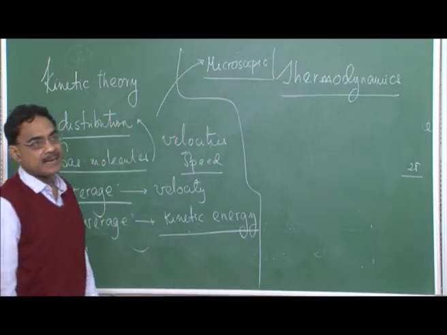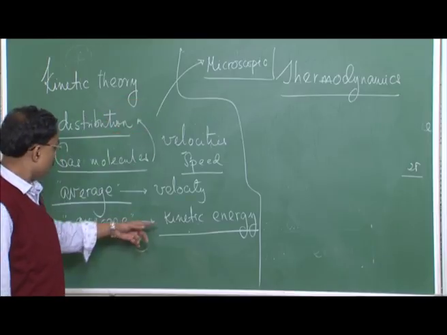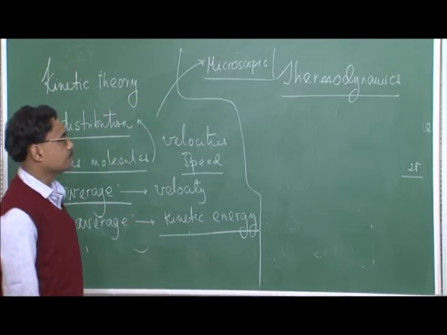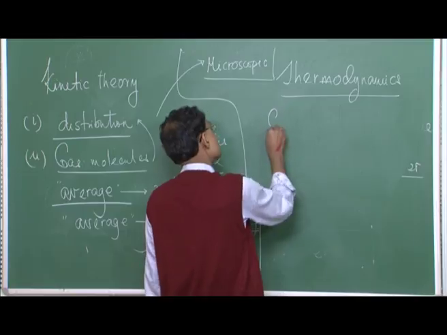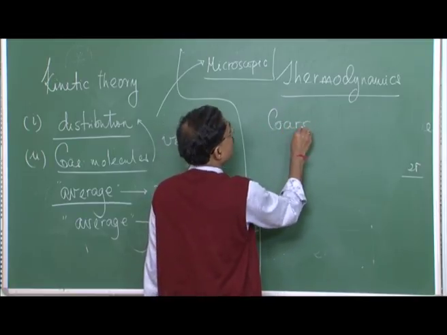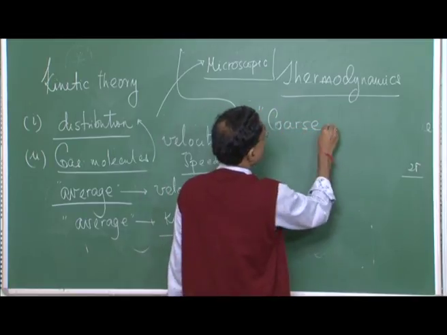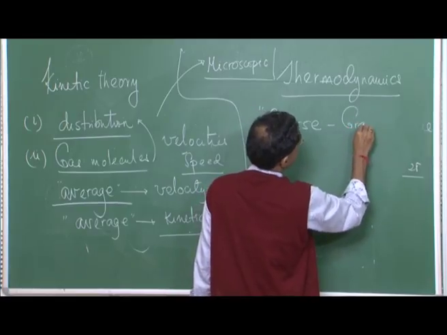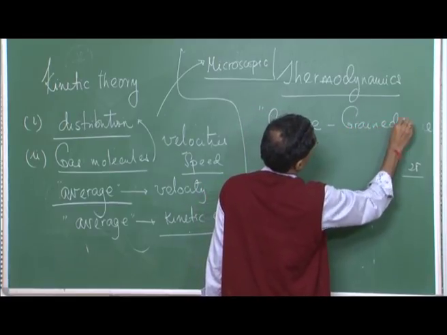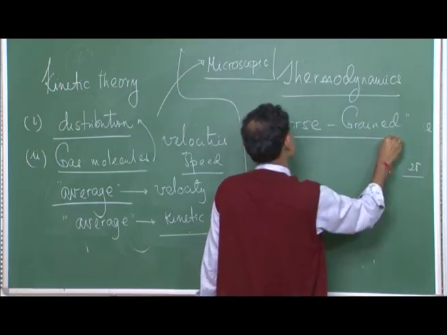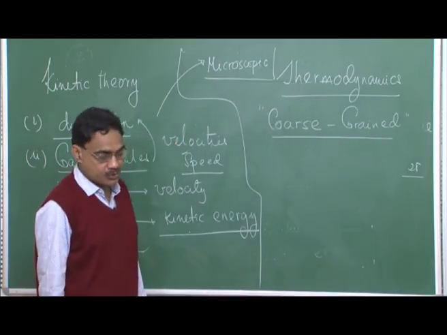At the microscopic level, I am trying to see what is happening to the molecules. Thermodynamics, in more formal language, is a coarse grained description. What do I mean by coarse graining?